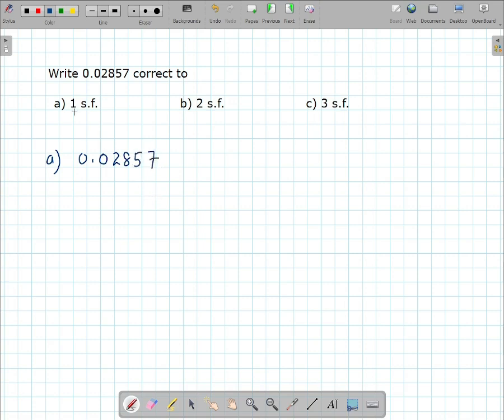Then first SF. First of all, we need to find this first SF here. So we have 0 digits at the start, then we forget them. Then what is the first non-zero digit here? That is 2. We underline that. Then after that, we put a small separation.